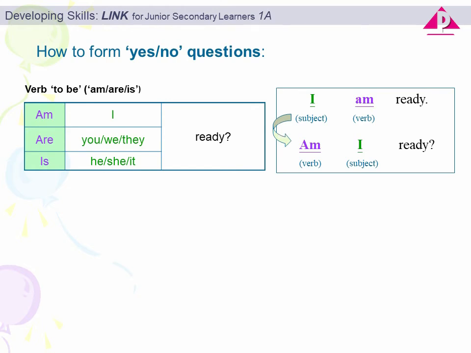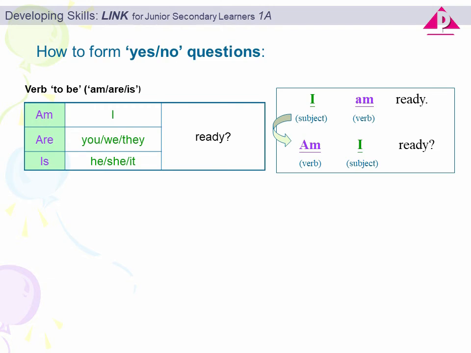In a statement, we say, I am ready, with I as the subject and am as the verb. But in a question, we put the verb at the beginning of a sentence. So, the question becomes, am I ready?